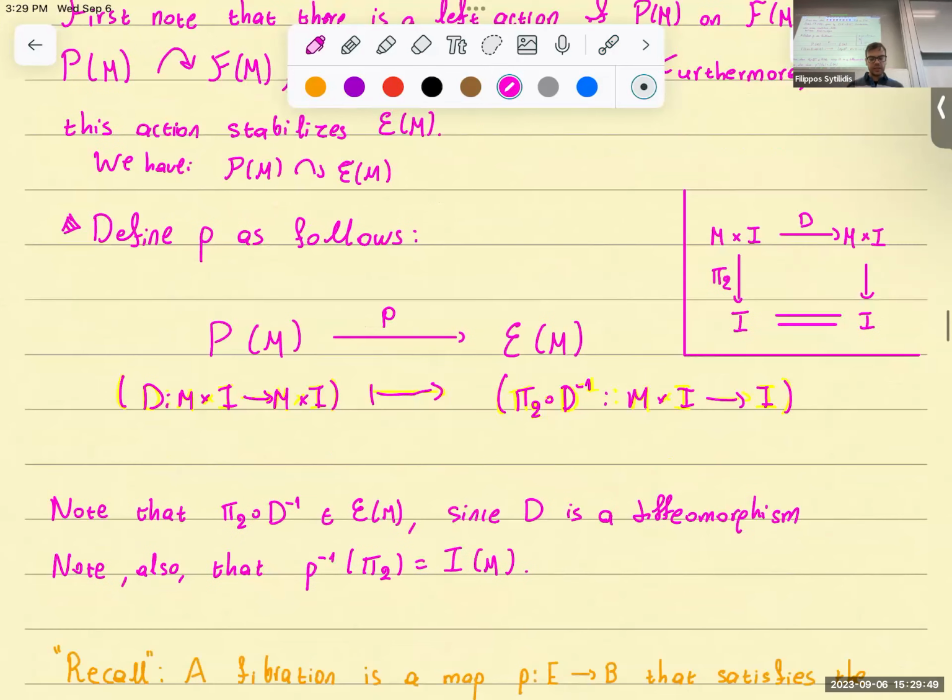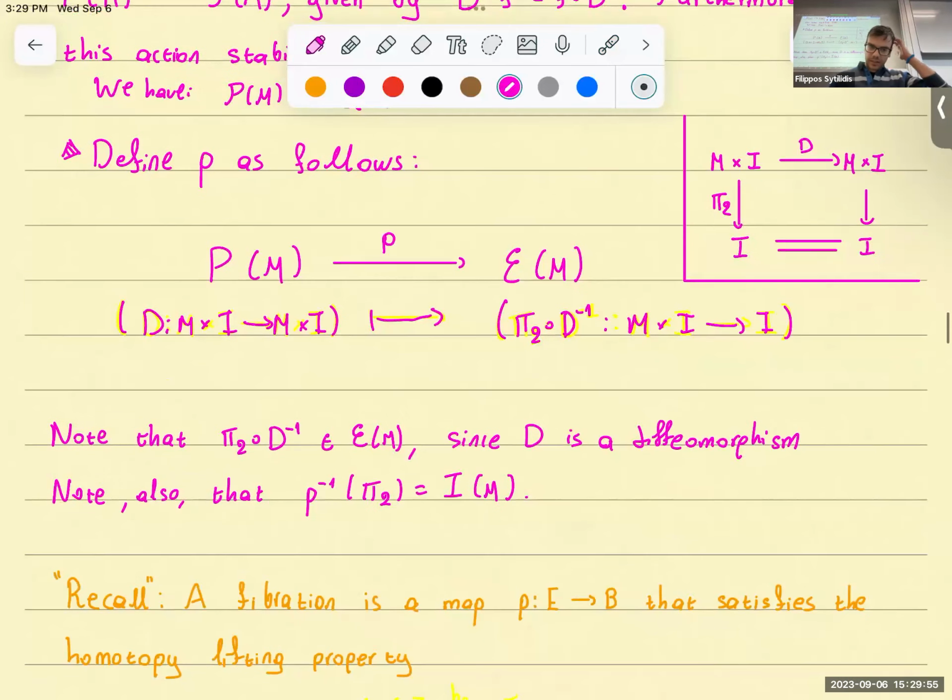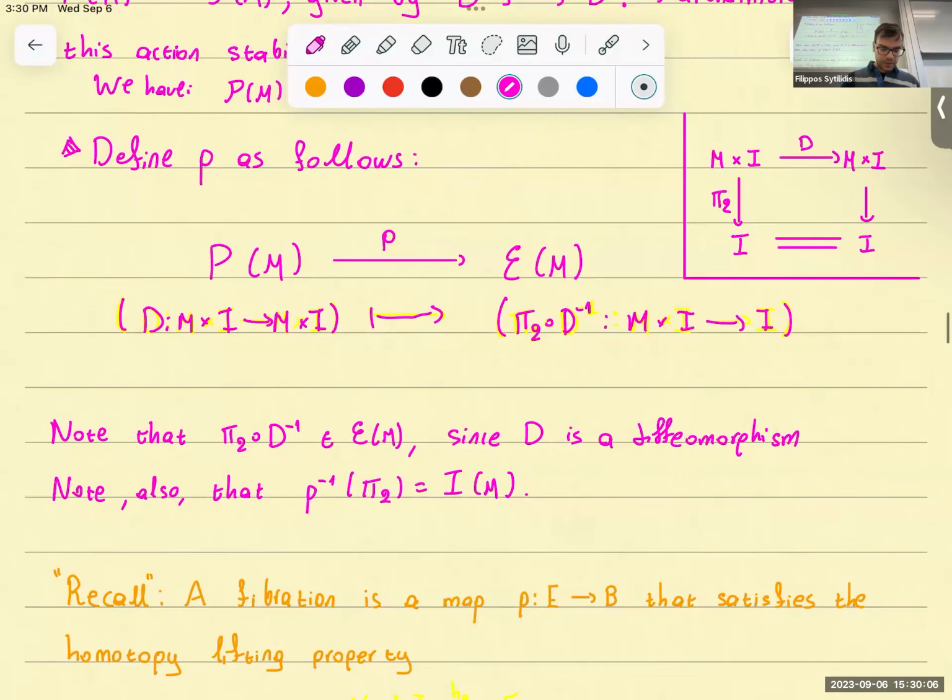Okay, so are we okay about how this map is defined? And what are some things that we know about this map? So what is the preimage of pi2 under this map? That's one first question that we can ask.